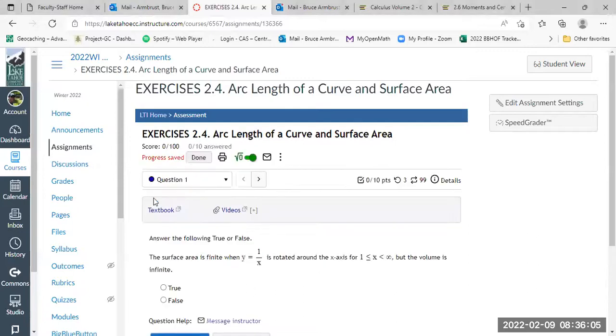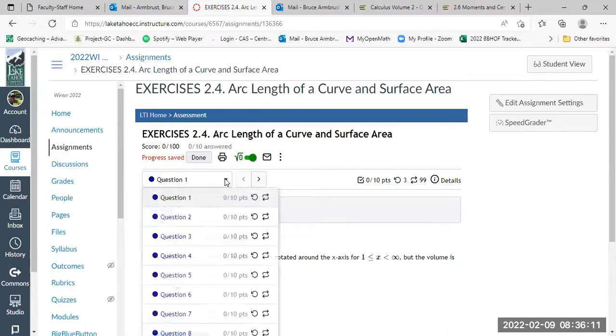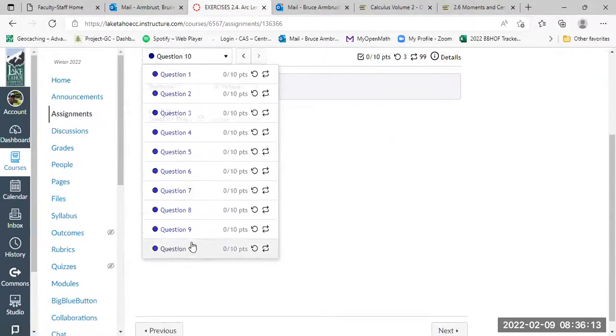Computer's a little slow this morning. Hopefully everybody sees my desktop so that you can see exercises 2.4. And let's go take a look at number 10 here.